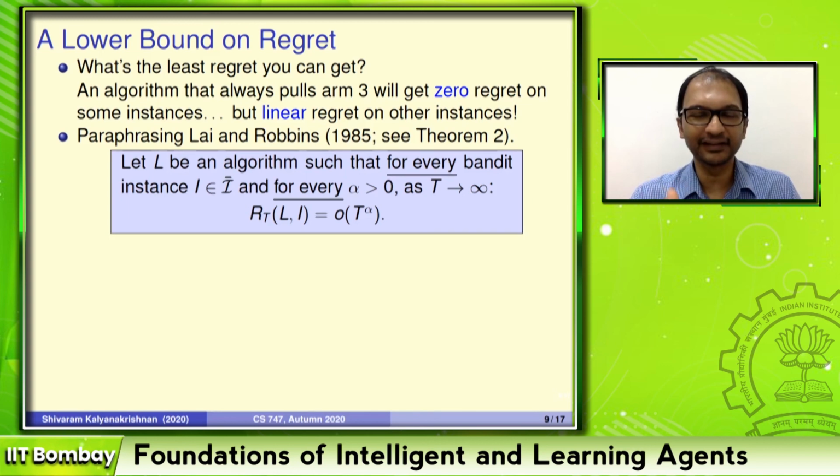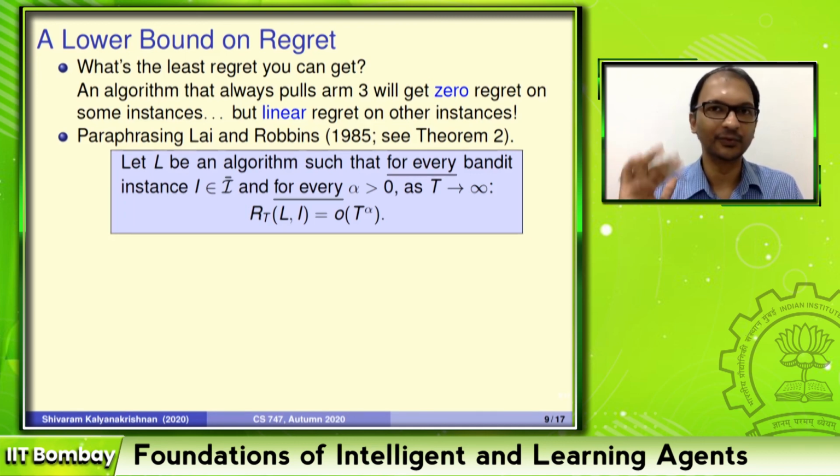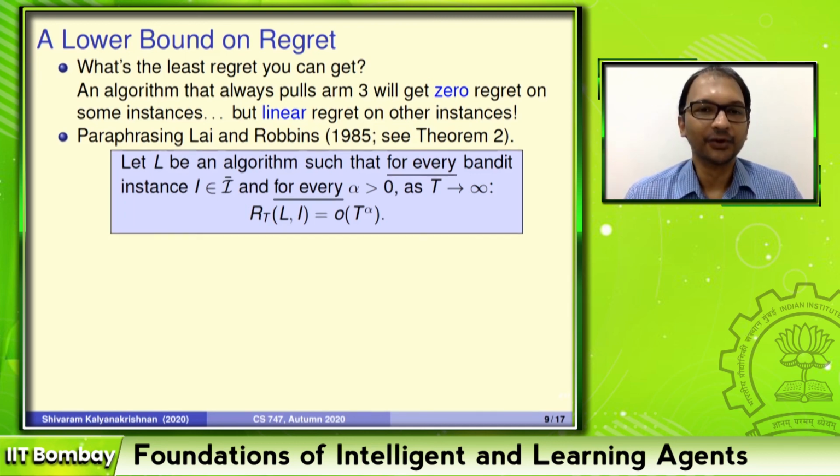A function f is little o of g if you do f divided by g and take the limit of the parameter, that goes to 0. So again, let L be an algorithm such that for every bandit instance in I bar and every alpha greater than 0, its regret is little o of T to the alpha.